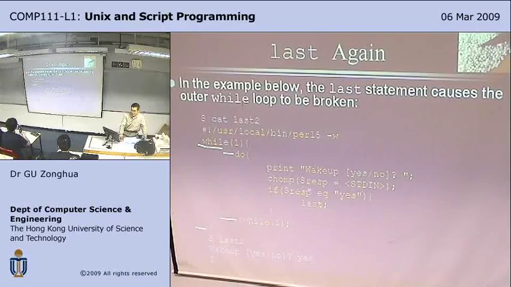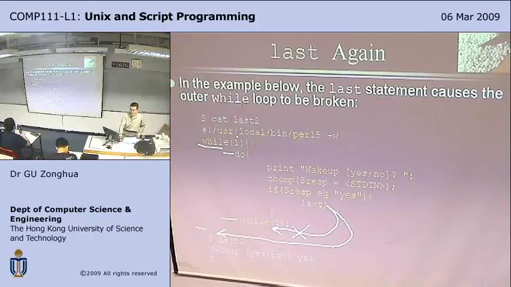If you have equivalent C++ code, you think that last jumps out to here and you go back to the top of the outer loop. But really, Perl doesn't treat the do while as a loop, so it really jumps out of the outer while loop, because the outer while loop is the one on top, while 1, so it's treated as a loop.